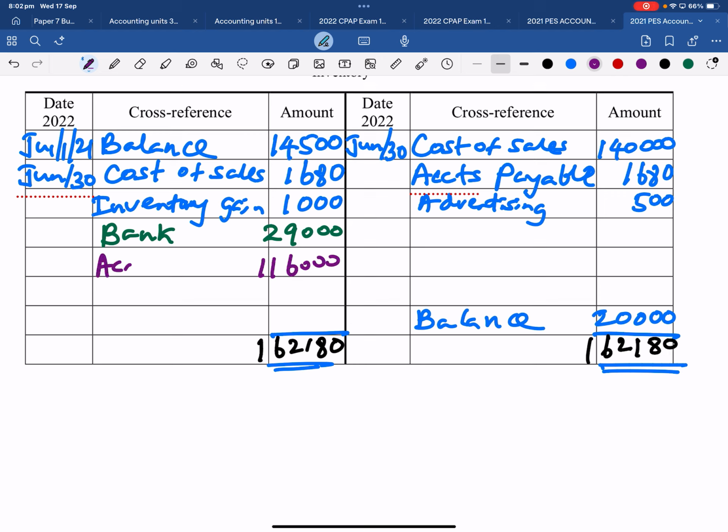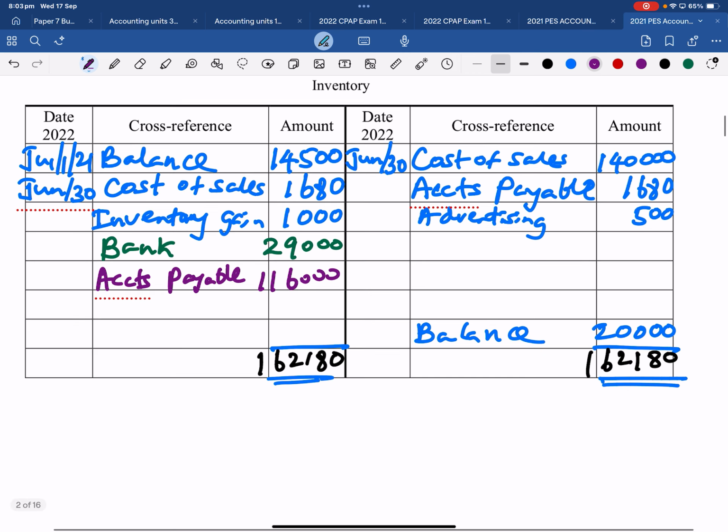Accounts payable? Yes, is it payable? Yeah, this is the credit purchases, correct? Accounts payable. That's the credit purchase. Had we done the inventory account, accounts payable account, we would have done it with GST for that.